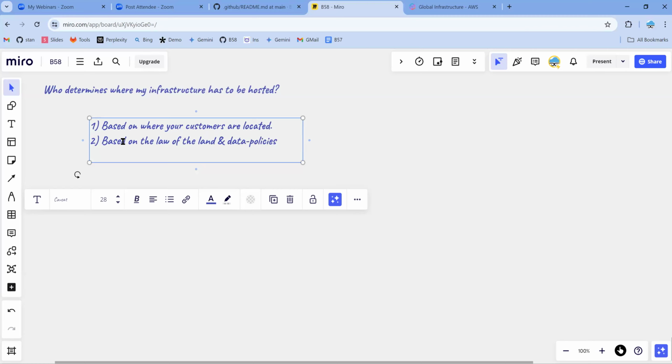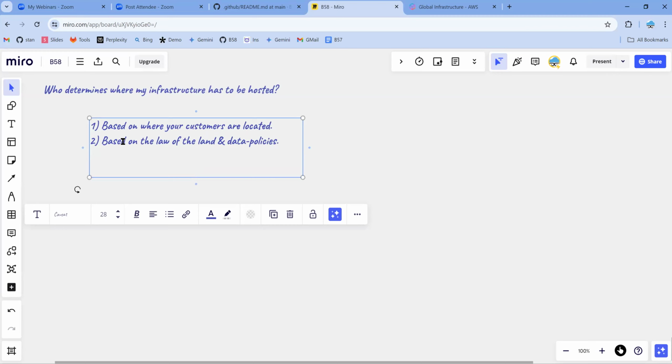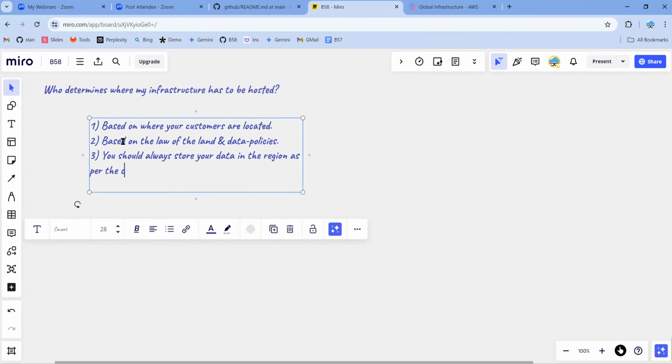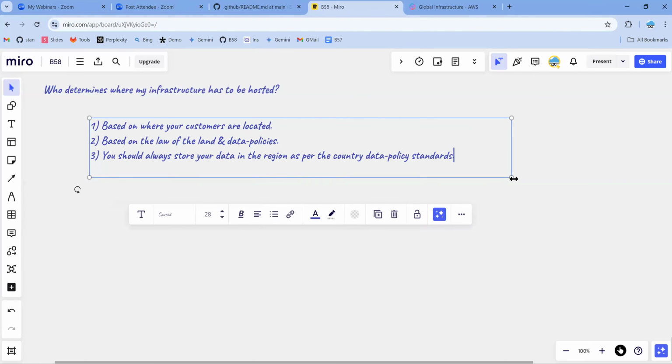These two determine it. As per the law of the land, you should always store your data in the region as per the country data policy. All right. Clear? So these are the factors that determine it.